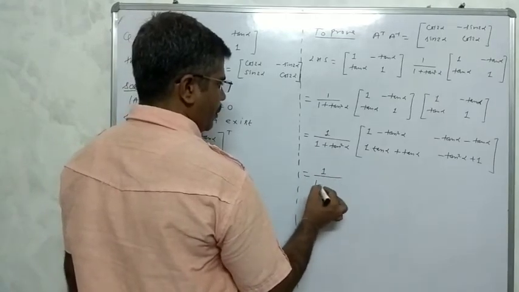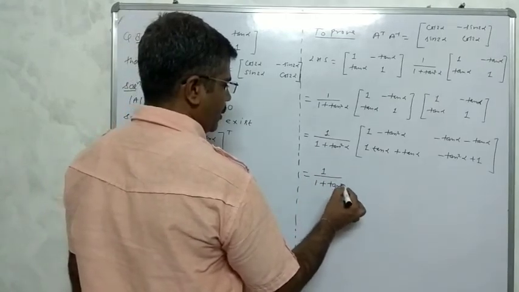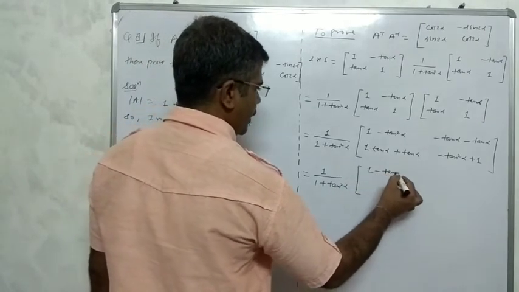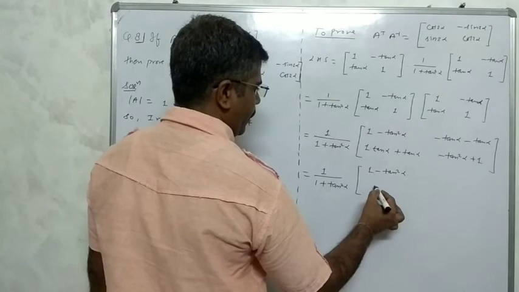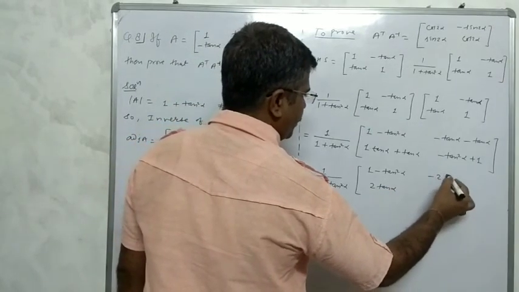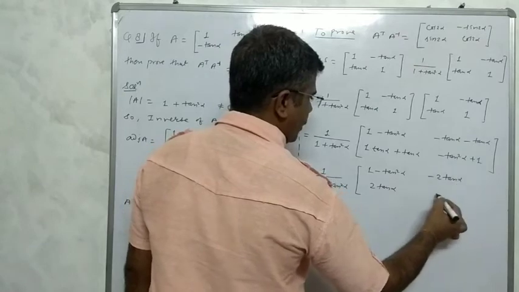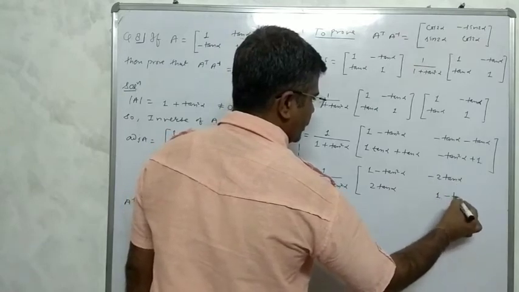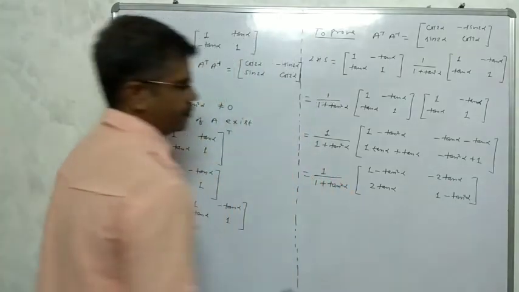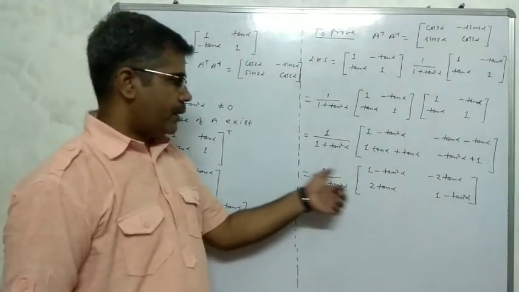So we have 1 upon 1 plus tan square alpha times [1 minus tan square alpha, 2 tan alpha; minus 2 tan alpha, 1 minus tan square alpha].